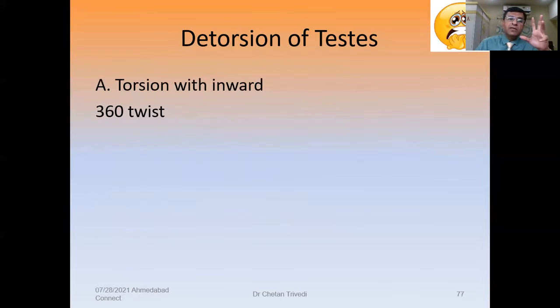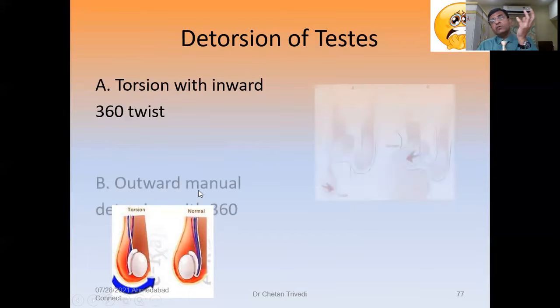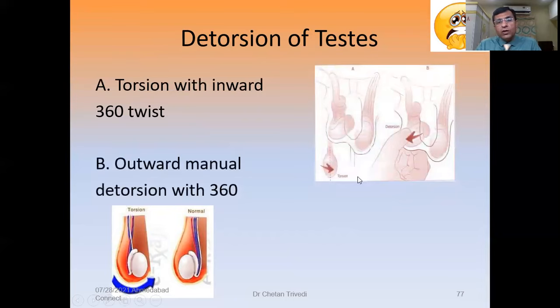Let us understand, almost two-thirds of the time, a torsion occurs with an inward 360-degree twist. That means, suppose this is the right testis, it will turn inward by 360 degrees. So to detorse, you do it in reverse. If it has gone inside, then you take it outside.